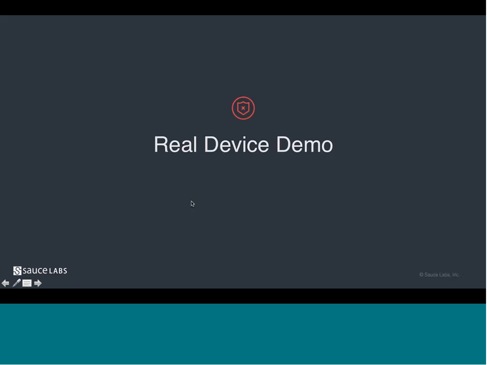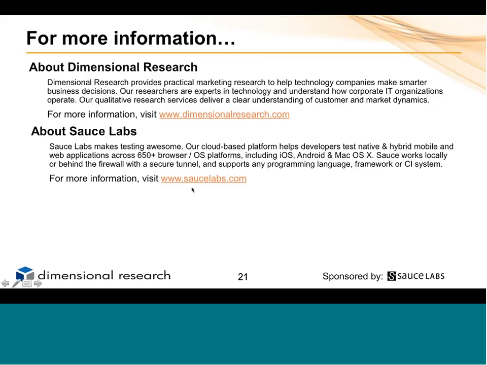Something that we've seen from a lot of our customers who have been using the beta is there's a desire to use emulators in the early stages. So developers might be running tests constantly throughout the day on every commit. They might be running a suite of emulator tests. And that's constantly going on throughout the day because emulators are a little bit more affordable and it's easier to run them in parallel.